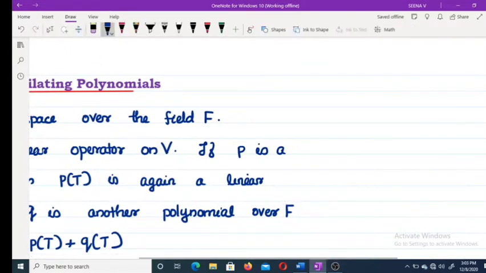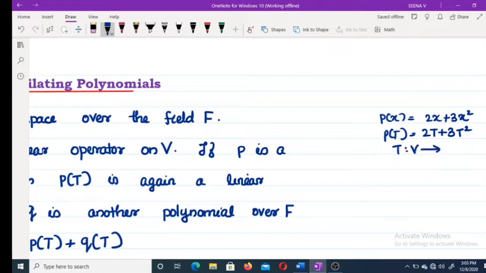Suppose our p of x is 2x plus 3x square. Now what is our p of T? p of T is 2T plus 3T square. So what is T? T is a linear operator on V, a map from V to V. So what is T square?